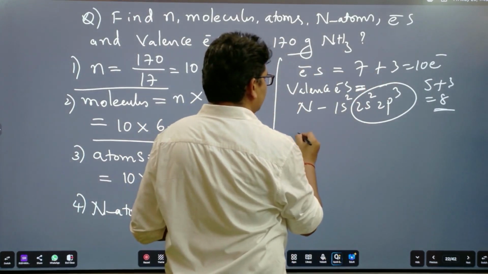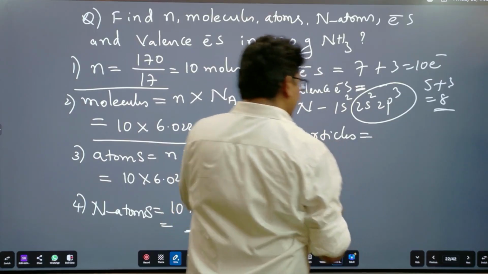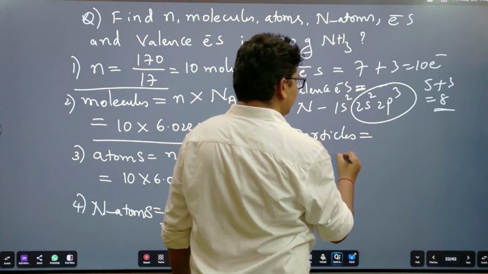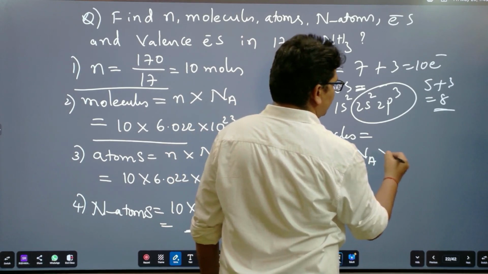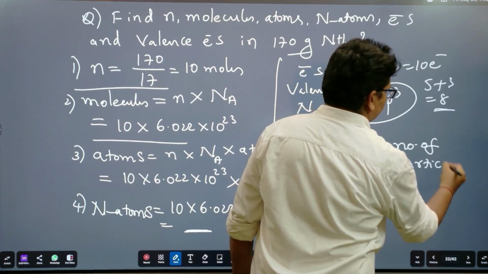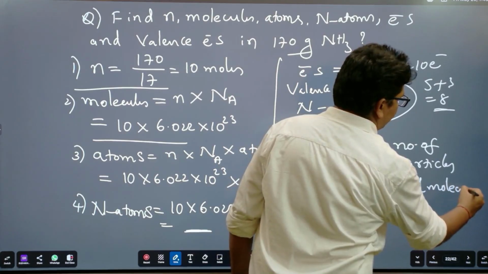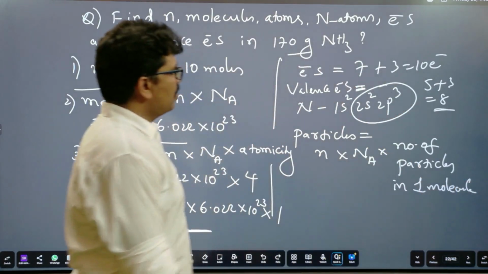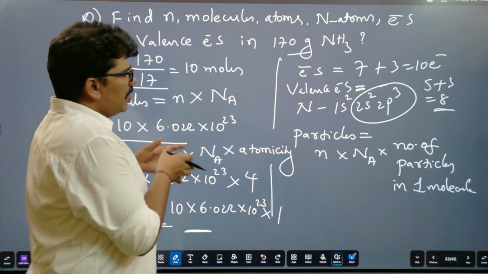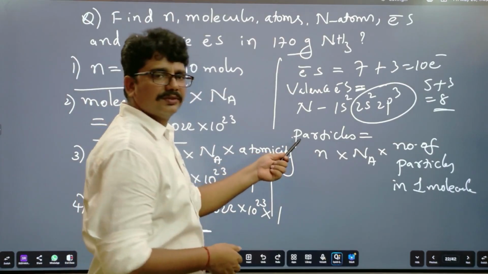I have a formula: total number of particles is equal to moles into Avogadro number into number of particles in one molecule. So if our question is electrons, instead of particles take electrons.